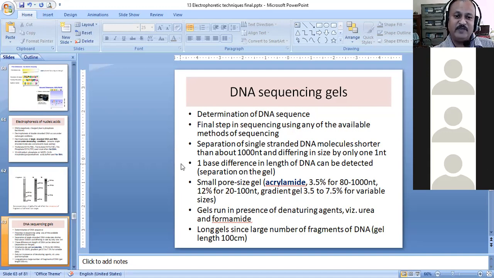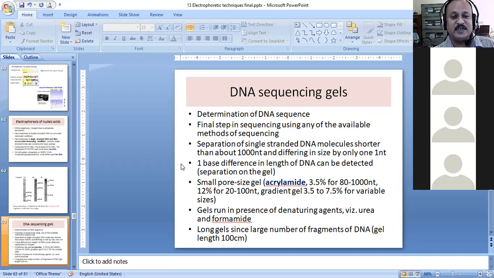Okay, so when we use the DNA sequencing gel, which is nothing but polyacrylamide gel, but because of the length, the gel is very large. You can just imagine that it is about 100 centimeter long gel.